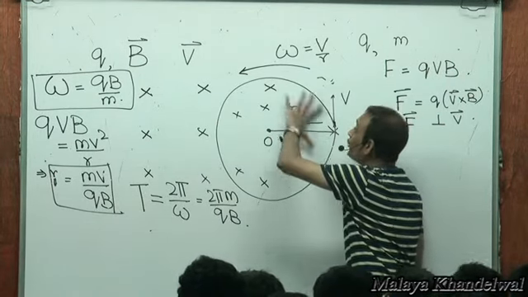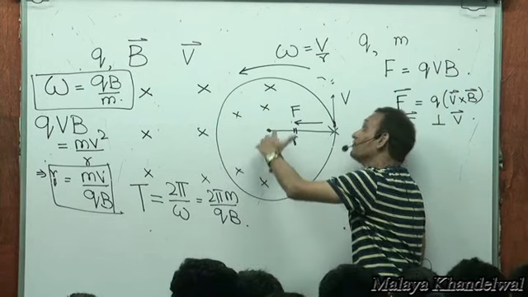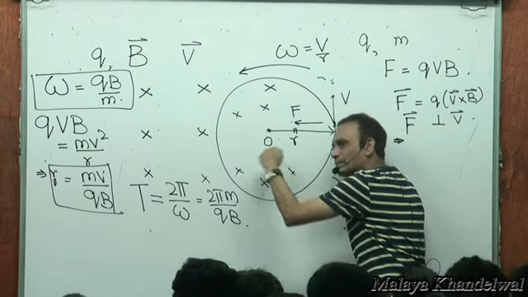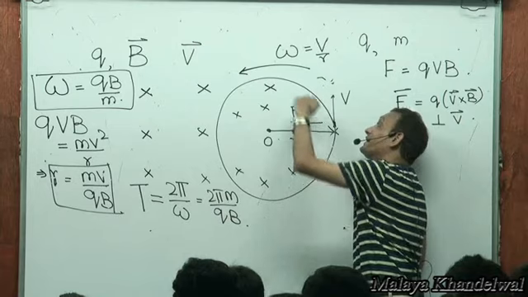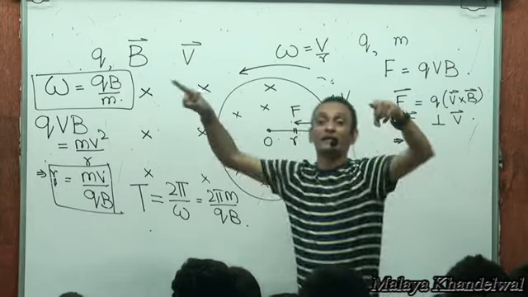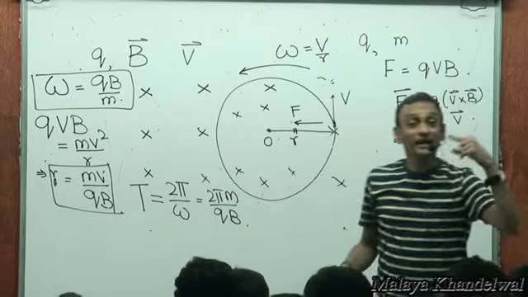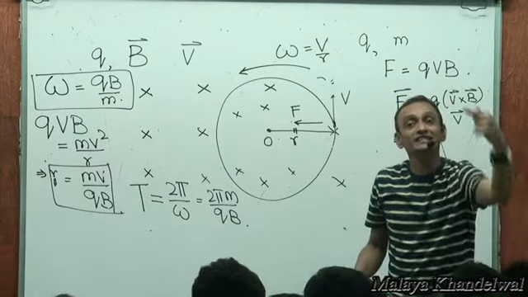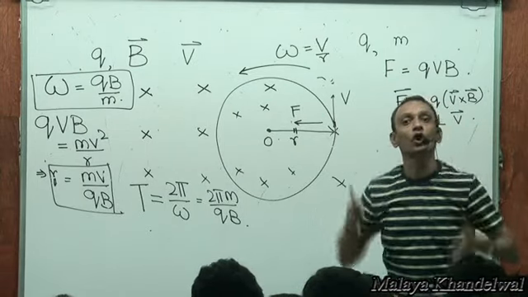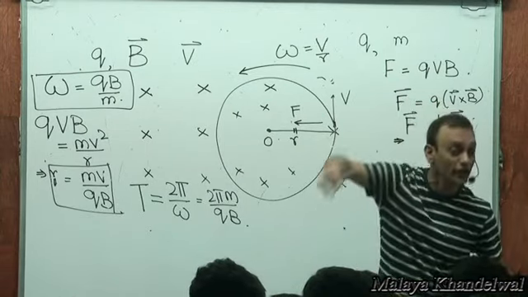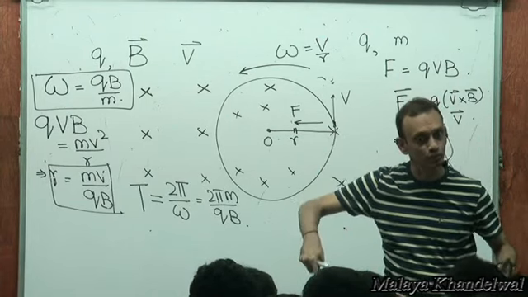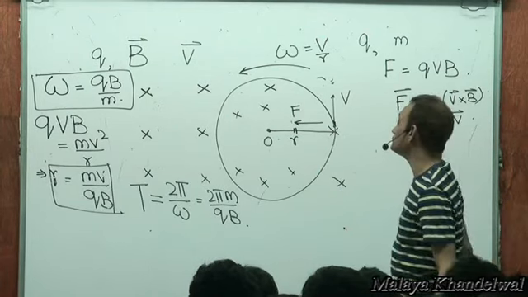And the plane of this circle will always be intercepted by the B lines. The B lines are going into the plane, and would intercept it normally, perpendicularly. The B lines would always intersect the plane of the circle normally, for which it is causing a circular trajectory. That is important to understand, right?